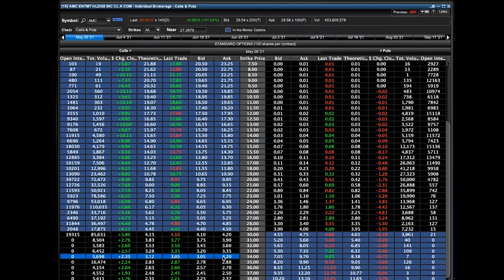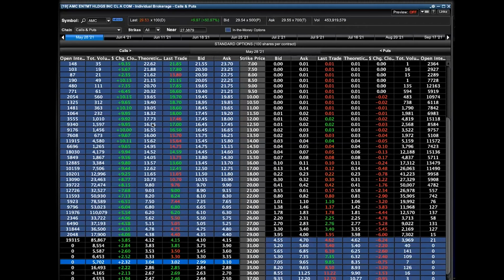Well, to calculate how much I would make on this, I need to look at where it is trading currently. So right now, the in the money call is at $29. That's the very first in the money call, because the stock is currently trading at $29. So if this went up to $34, let's just say it became in the money, this $3 call option would now be worth $4.35. These options are relative. Let's say it went even further.